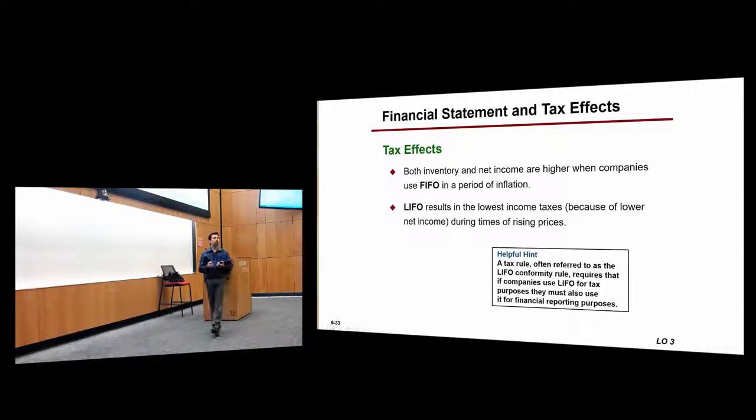Sometimes companies want to keep the tax low, so they pick a method that would lower their net income to lower the amount of tax they need to pay. They still have those assets, so it's the same number eventually. But they will declare a lower net income. As a result, they pay less taxes. Okay?